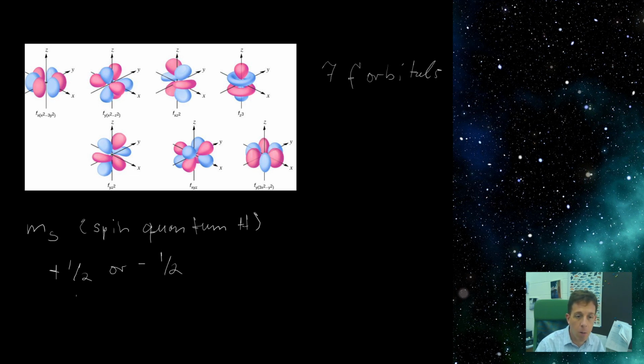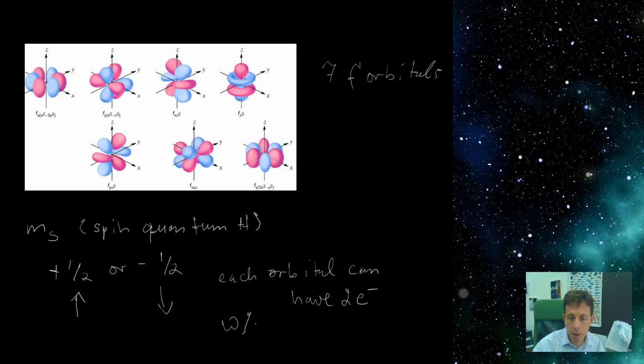We can indicate the plus 1/2 with an up arrow and the minus 1/2 with a down arrow. So each orbital can have up to 2 electrons, and when an orbital has 2 electrons, they pair up with opposite spin.